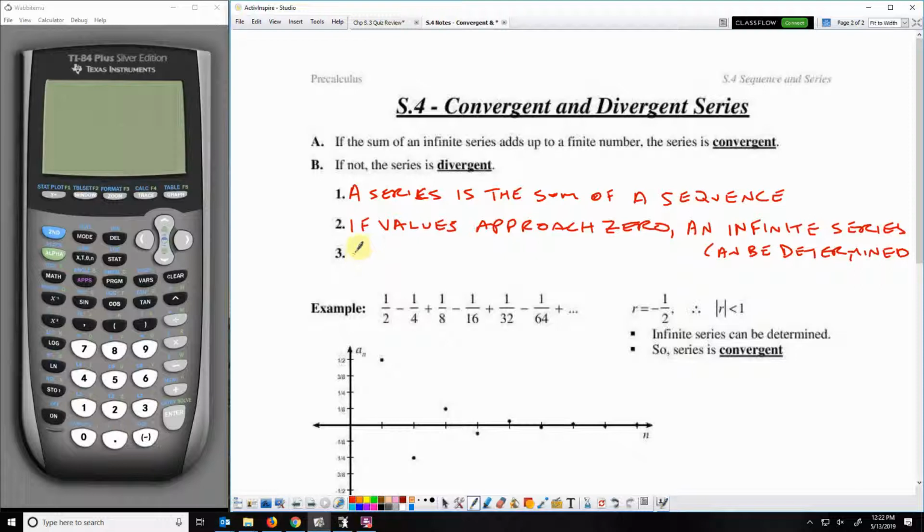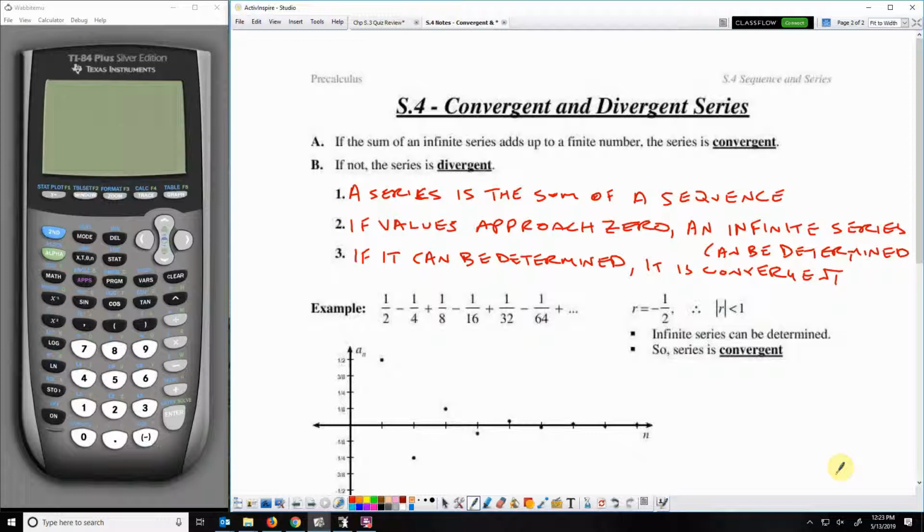So then number 3, if a series can be determined, then it is called convergent. It's called convergent because it actually converges on a finite sum.